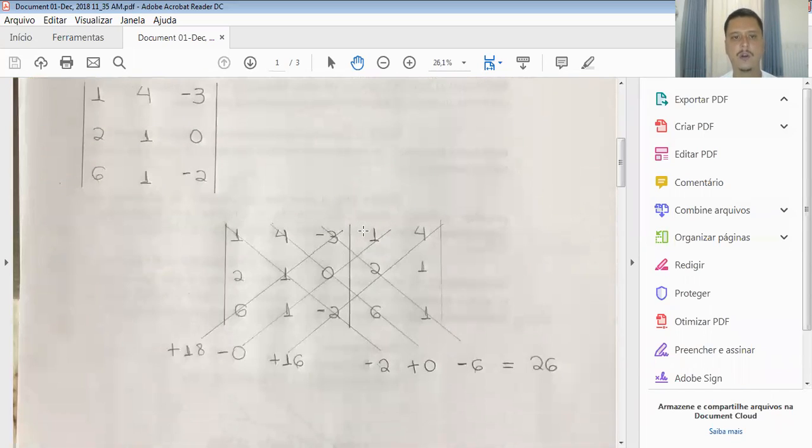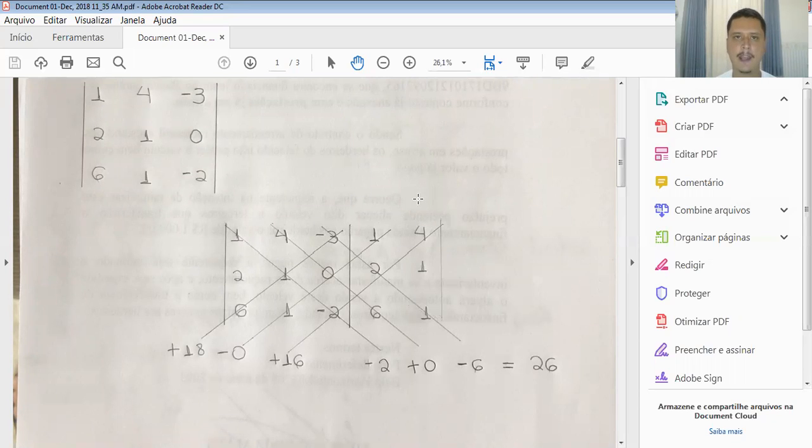So in order to calculate the determinant of a matrix 3 by 3, you repeat the matrix, and then on the side, you repeat the first and the second columns. So as you can see here, 1, 2, 6, I repeat it here, 1, 2, 6. 4, 1, 1, I repeat it here as well, 4, 1, 1.